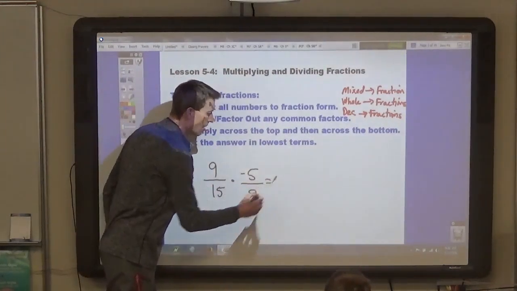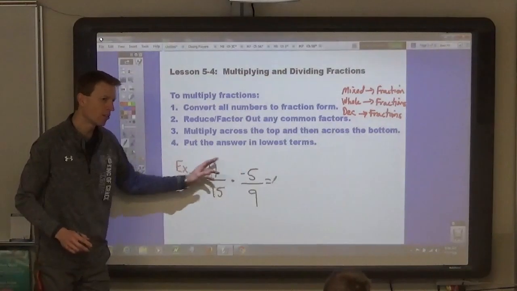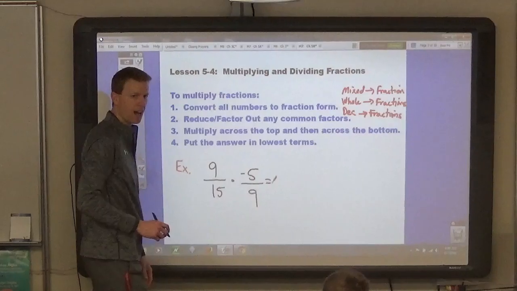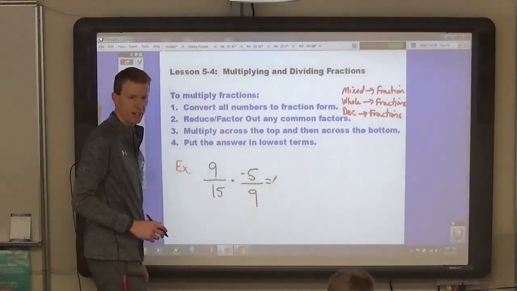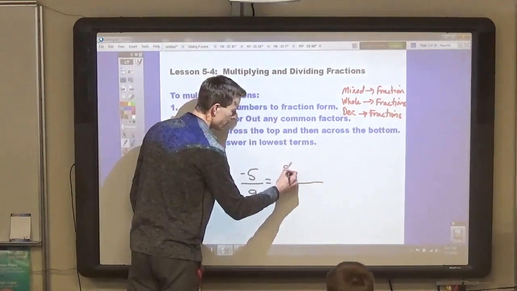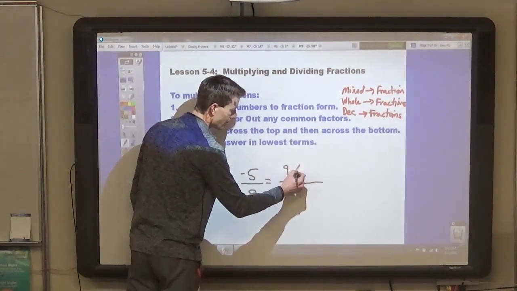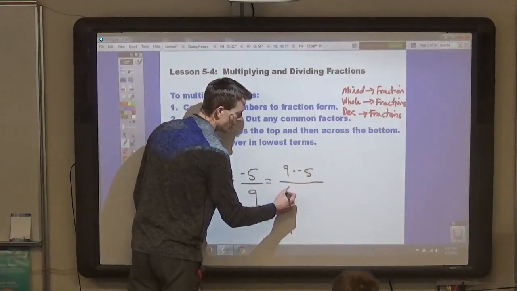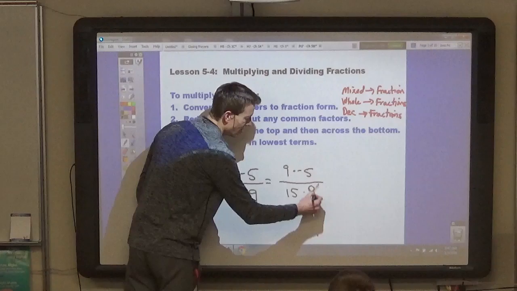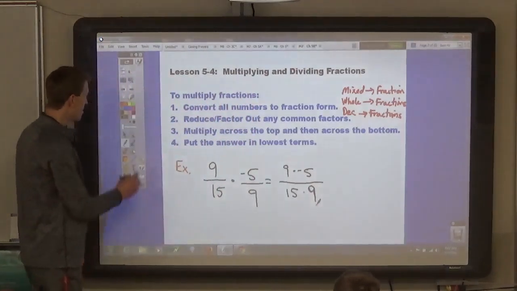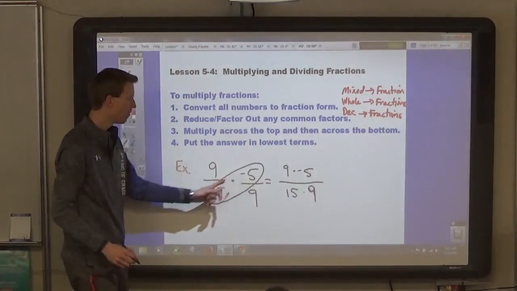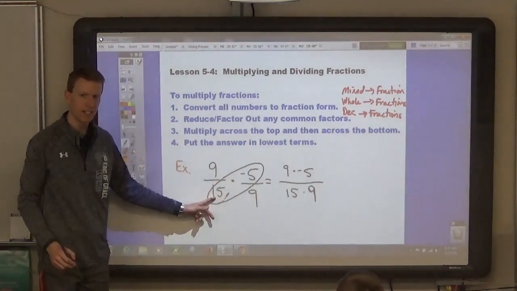But there would be a lot easier way to multiply these than just multiplying 9 times -5 and 15 times 9. What can we factor out first? Are there common factors? Look at these numbers. Could we reduce -5 over 15?